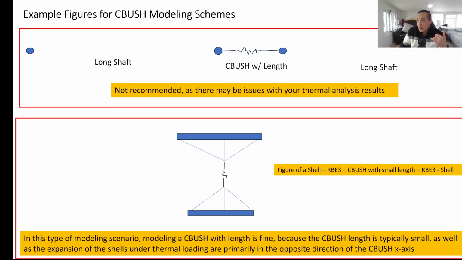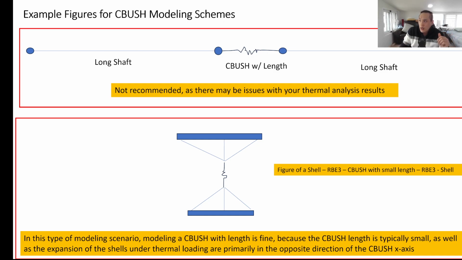But in addition to that, when you have a thermal soak analysis, the CBUSHes are actually perpendicular to the two shells, right? But in a thermal analysis, the expansion of the shells is going to be in the XY directions of the shells. It won't be in the Z, out of plane direction, right? And the CBUSHes are modeled in the Z direction, out of plane, relative to the shells.